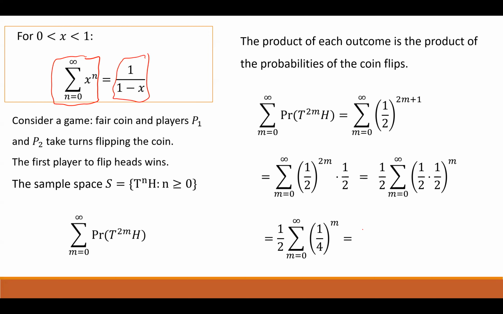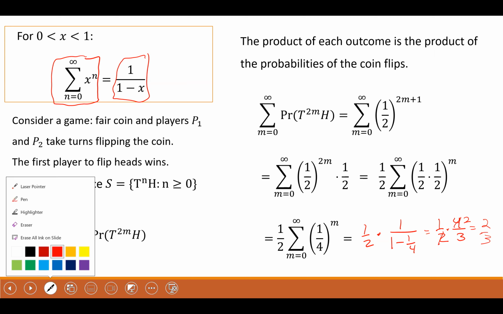So now this is 1/2, and my 1 over 1 minus x is 1 over 1 minus 1/4. That is equal to 1/2 times 1 over 3/4. I can invert that into 4/3. And then the 2's cancel out, and I get 2/3.